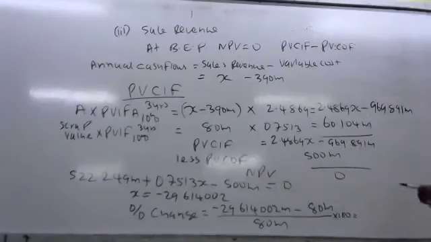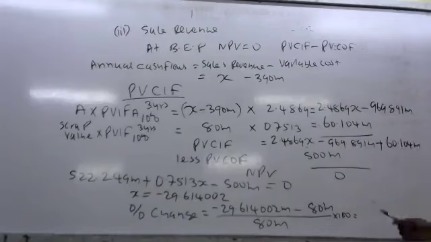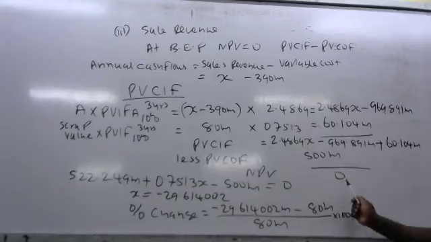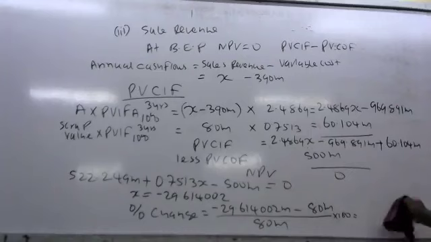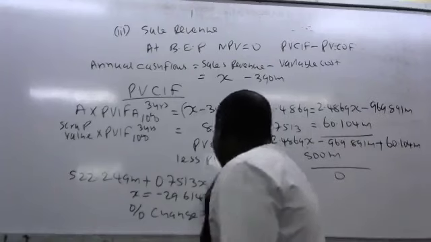Then also plus 60.104. Finally, plus this, but here was subtracted. Then minus that NPV. So that now your equation will be.